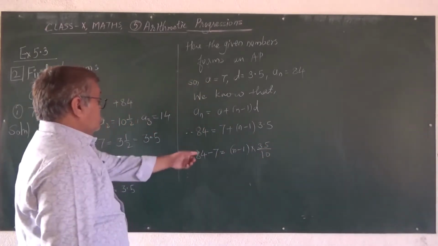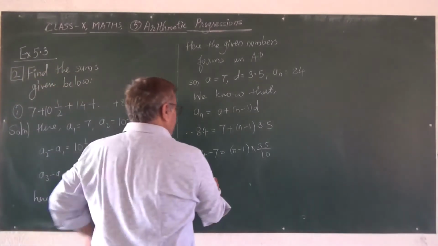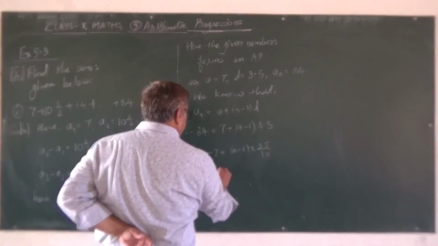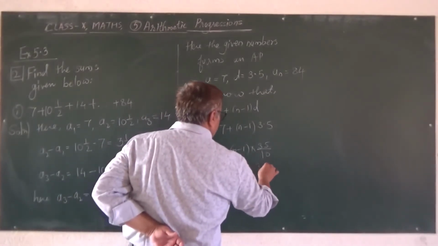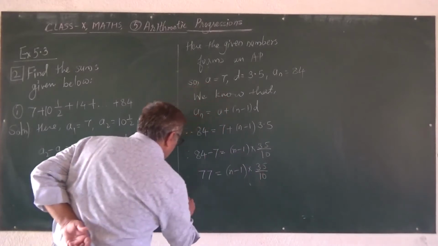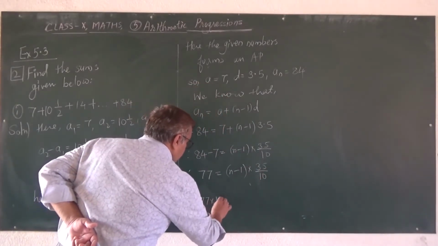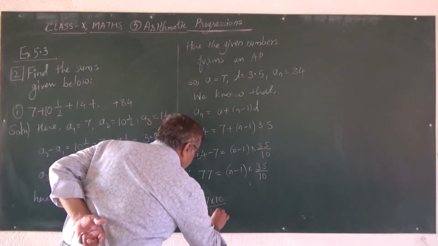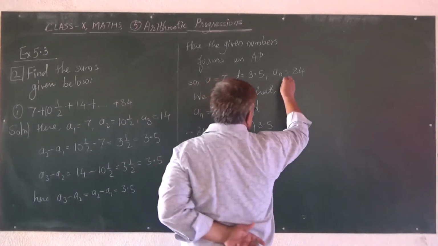So 84 minus 7, that is 77, equals n minus 1 into 35 by 10. Take cross multiplication: 77 into 10 upon 35 is equal to n minus 1.